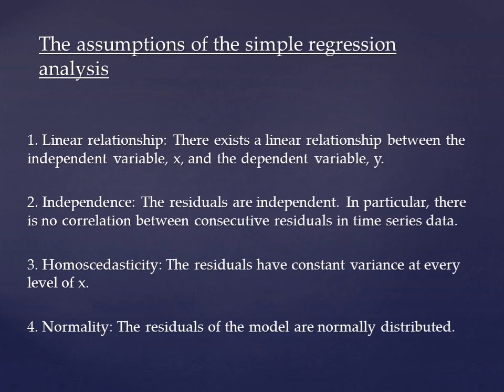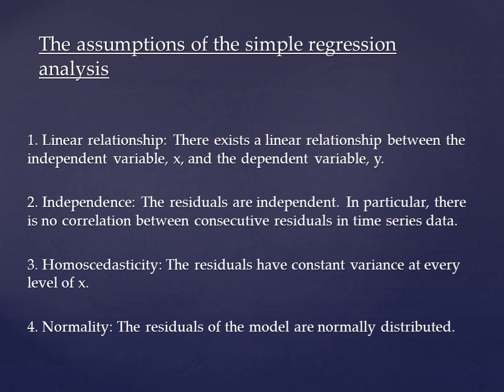The assumptions of the simple regression analysis. We make a few assumptions when we use linear regression to model the relationship between a response and predictor. These assumptions are essential conditions that should be met before we draw inferences regarding the model estimates or before we use the model to make predictions.